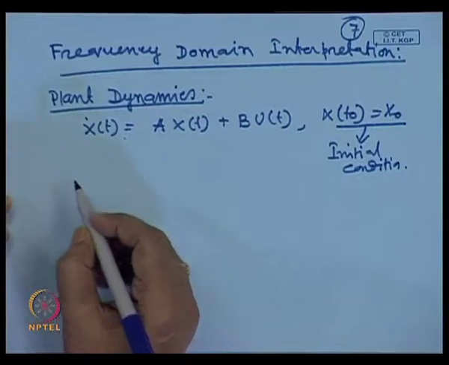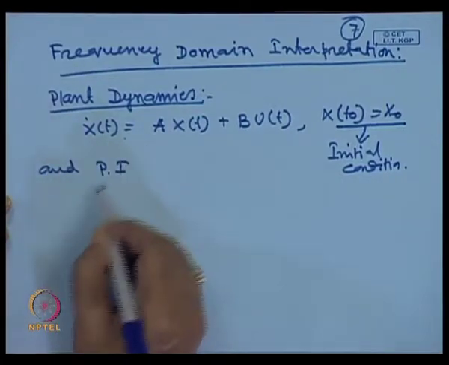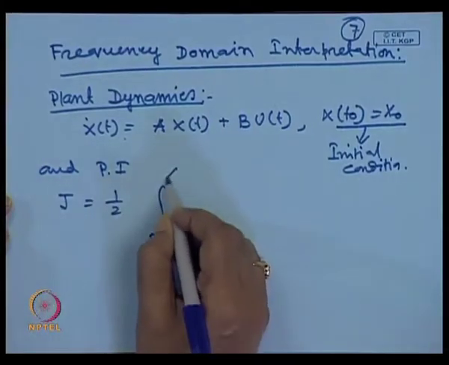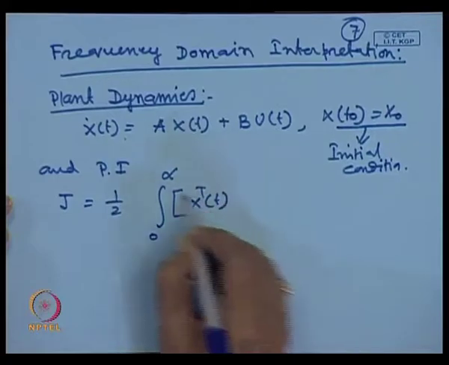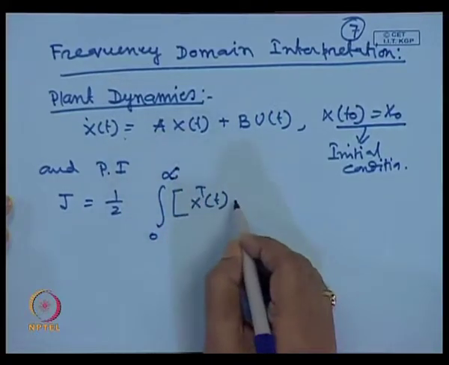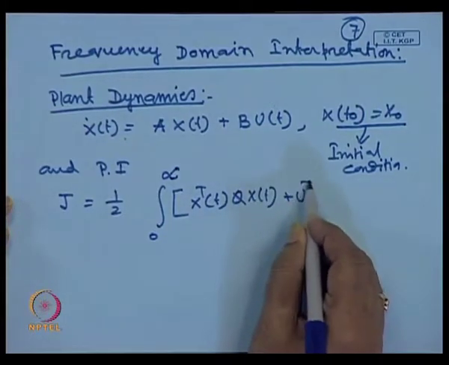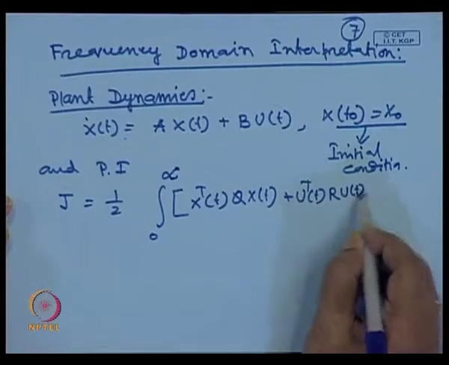The corresponding performance index is J equal to half integral from 0 to infinity of x transpose of t Q x of t plus u transpose of t R u of t dt.